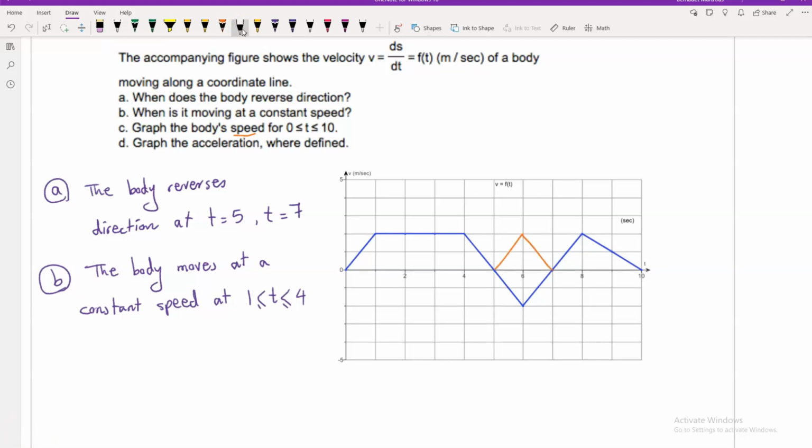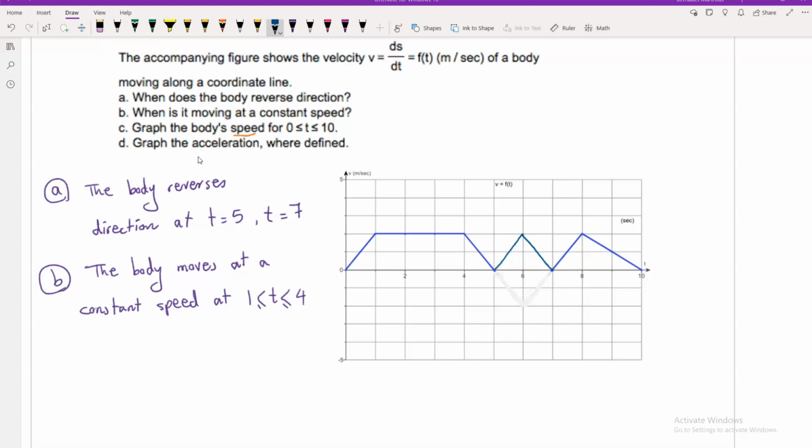So I draw this on top. What I did, absolute value of negative is positive for speed. So this is our graph for speed, the graph in blue, that was for part C.